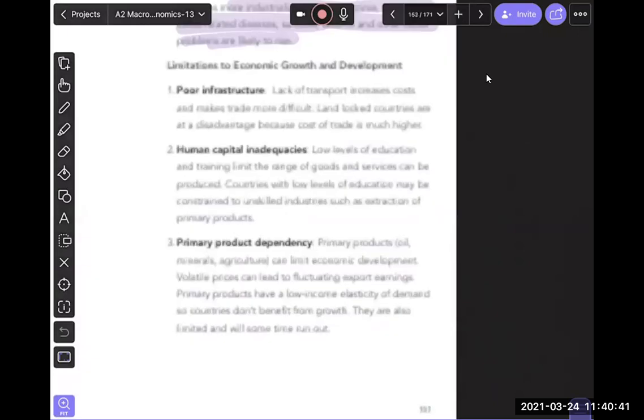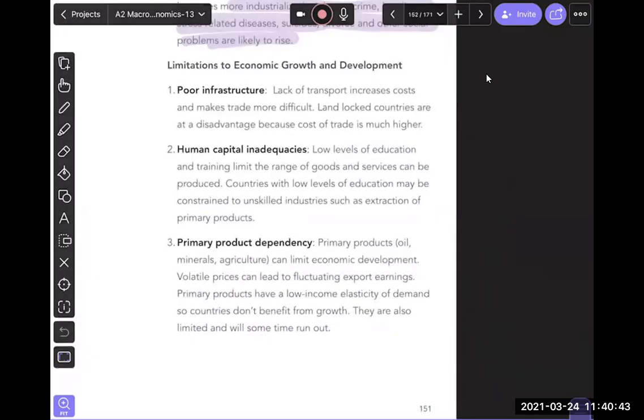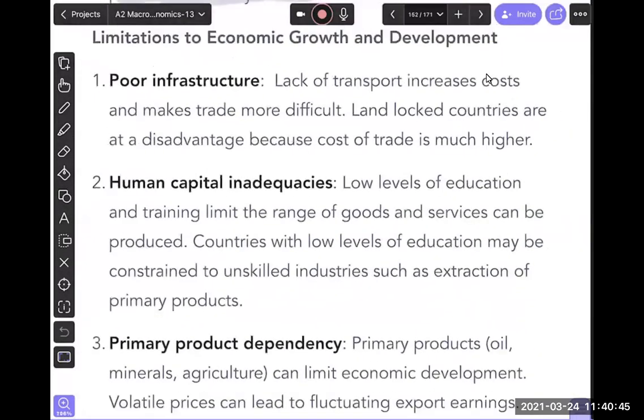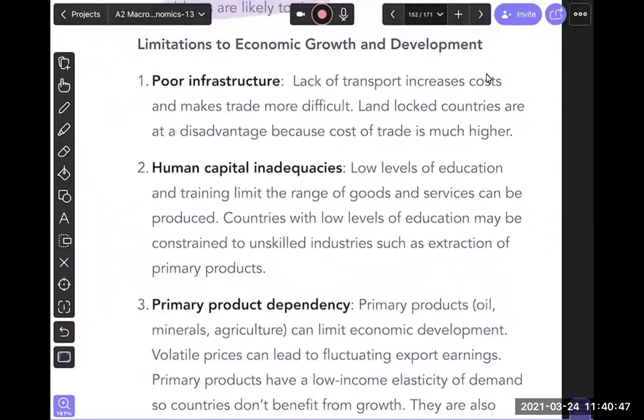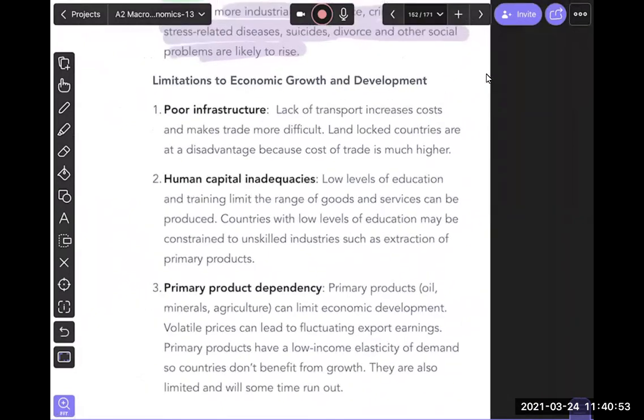Okay, moving on. I'm going to talk now about what are the things that can limit economic growth, and then how we promote more economic growth. I think Pakistan can become a case in point, where poor infrastructure becomes one of the factors that can limit your economic growth and development both.